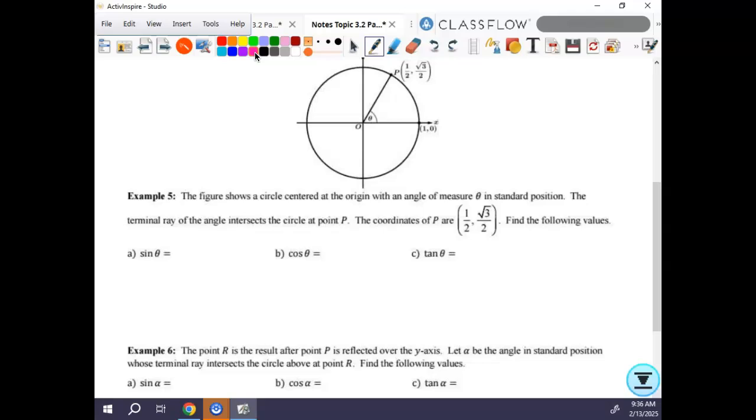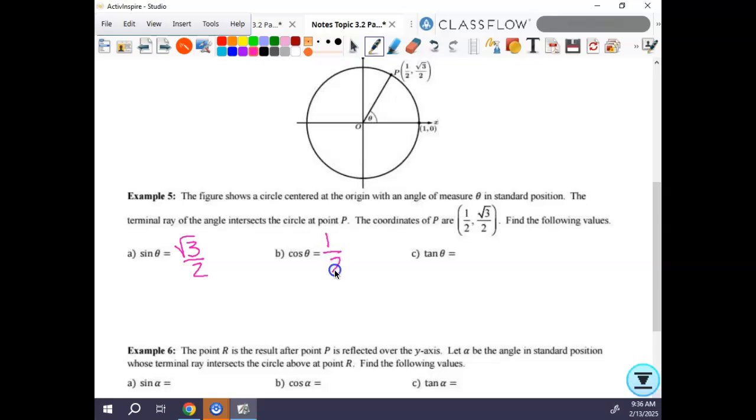Thank you. Okay. The terminal ray of the angle intersects the unit circle at point P, and those are the coordinates, right? So we're going to find the following values. So we know this, right? Sine of theta. What is the sine of theta? They gave me the ordered pair. Is it x or y? Y, so it's square root of 3 over 2. What is the cosine? 1/2.